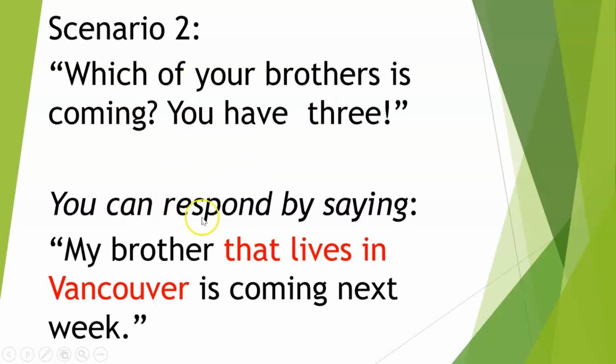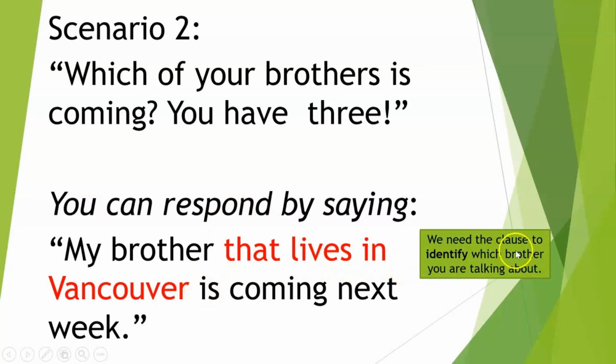You can respond by saying, "My brother that lives in Vancouver is coming next week." So this is another type of clause called a defining adjective clause. Notice we are introducing a new relative pronoun, that, and there are no commas.